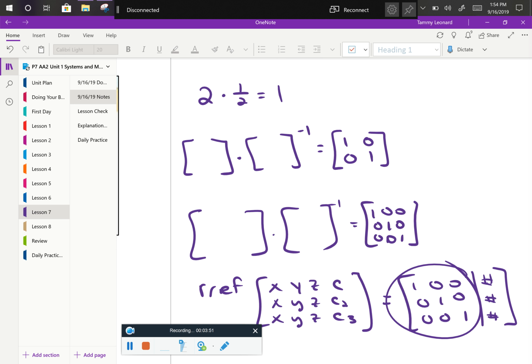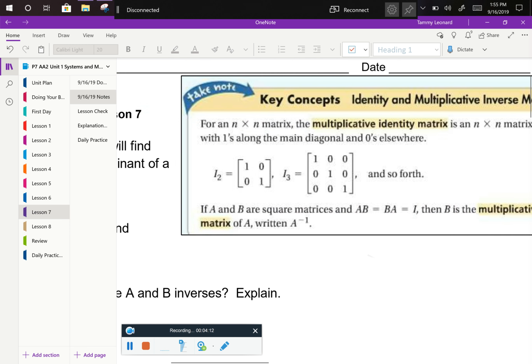So the short version of this is if I multiply a matrix by the appropriately sized identity matrix, I'll just get the same answer I started with. And if I multiply a matrix by its inverse, I will get the identity matrix. Are we good? Yes? Okay. So this gives us a test.